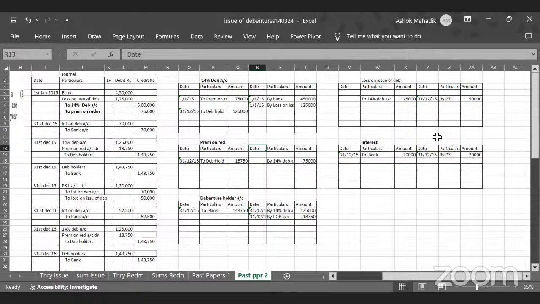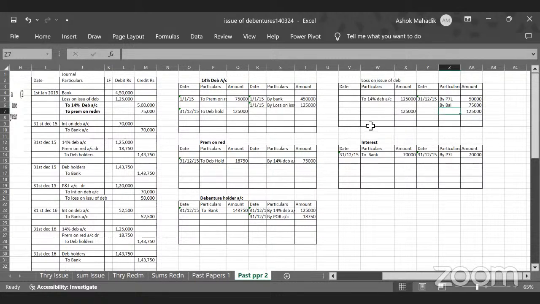Okay, in loss on issue, debit side is heavier, so we'll write the total 1,25,000 on both the sides. Okay, how much is the shortfall? 75,000. Okay, that will be on same date by balance.